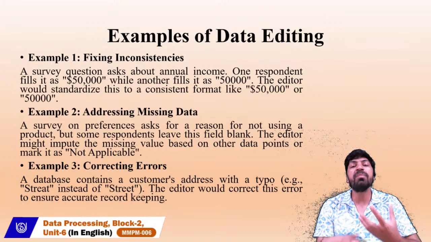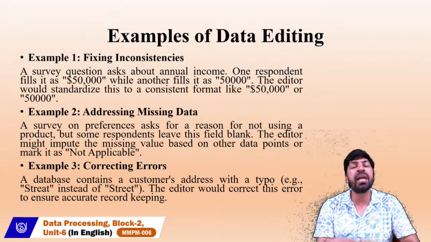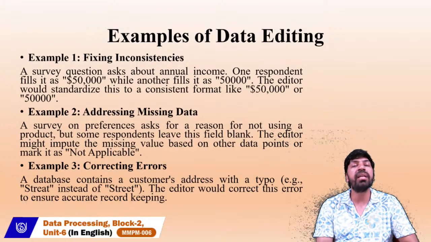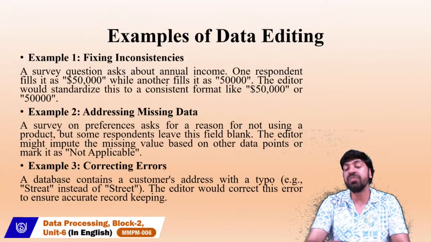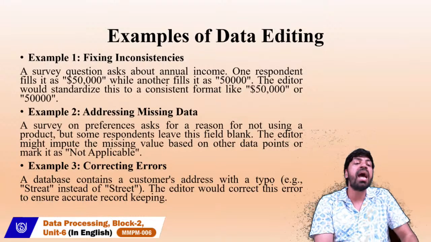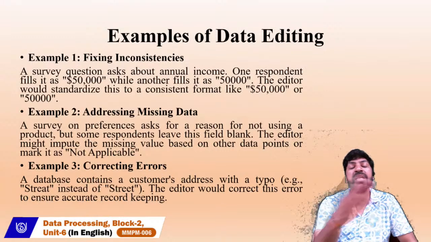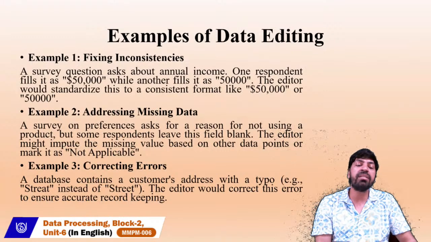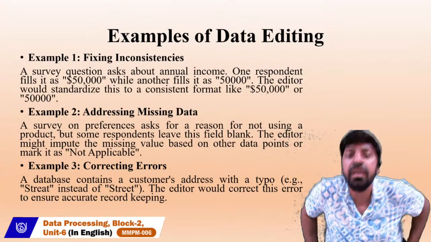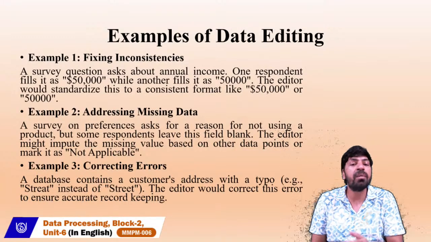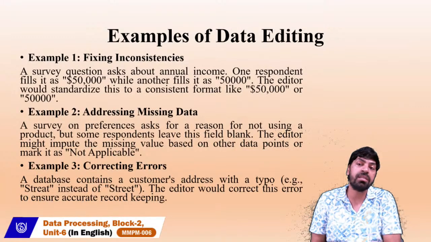Some respondents leave the question blank, and the editor marks it as not applicable based on the other responses. So if a respondent is not ready to answer, make a missing frequency and just mark it not applicable immediately. This is how data editing is done when such situations arise.